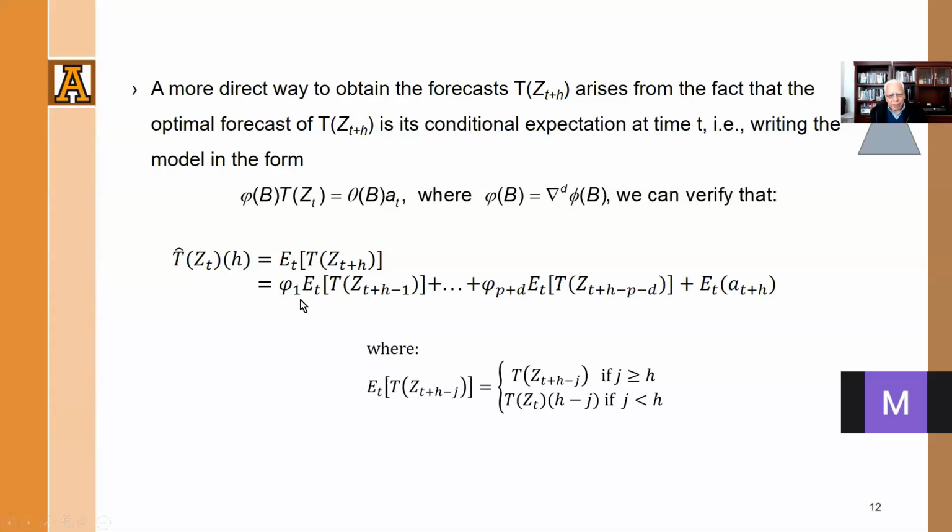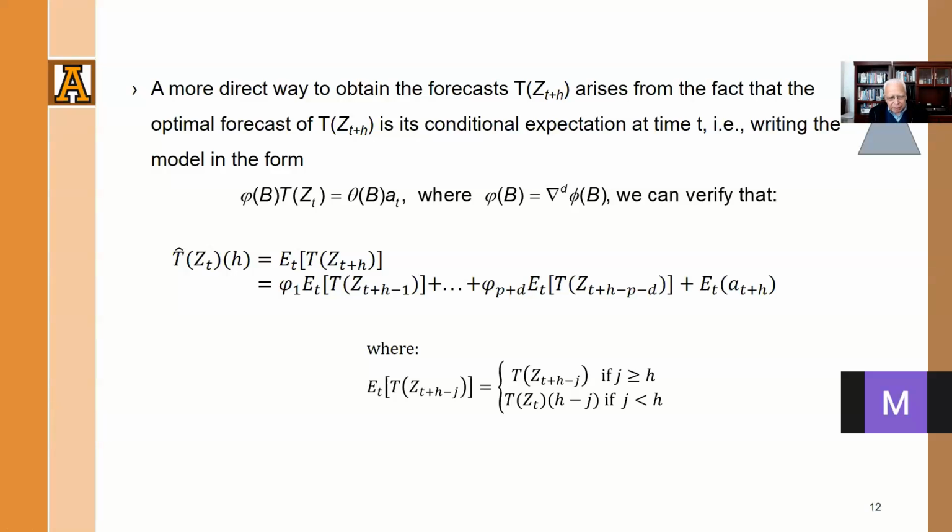Once we take the differences, the polynomial phi of B, if the original model is ARMA(p,q), becomes further p plus d, right? p is the number of autoregressive terms, and d is the number of differences. So this is the expression for the forecast h periods ahead, and that will be the optimal forecast h periods ahead.